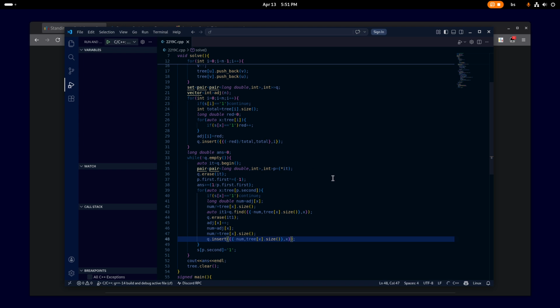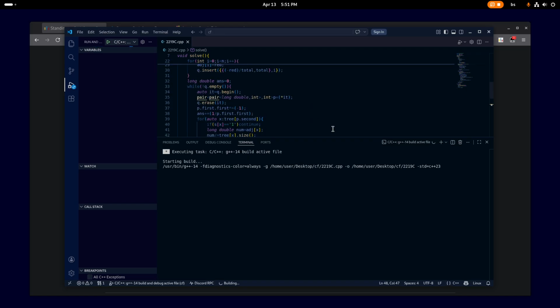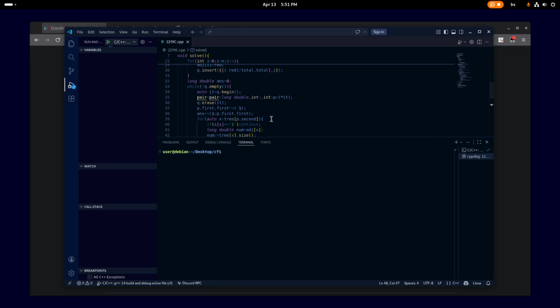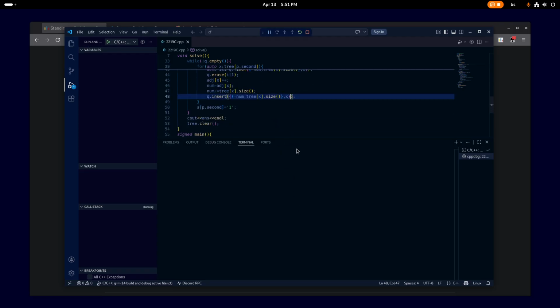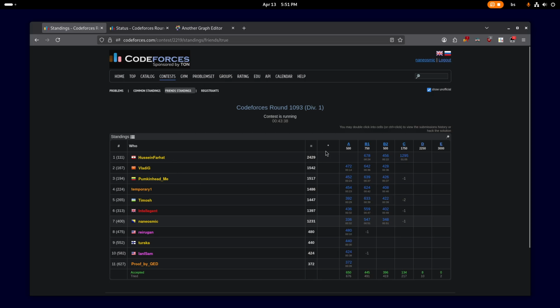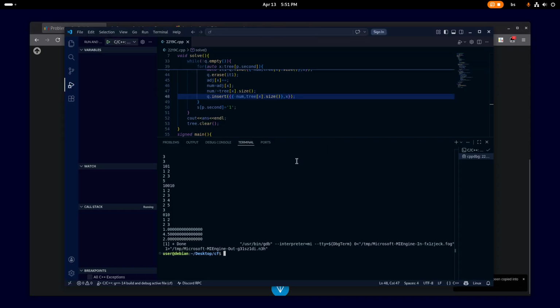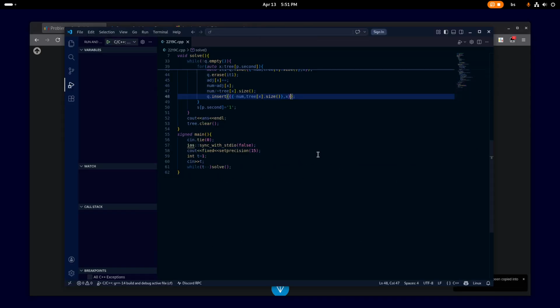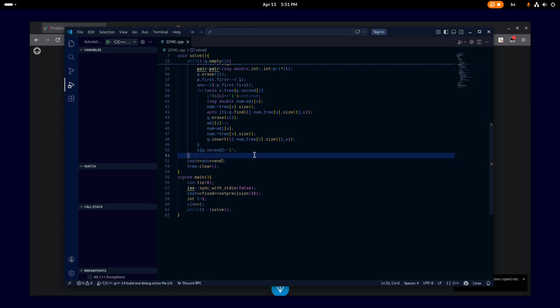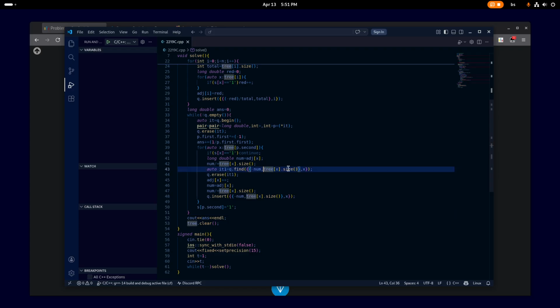Honestly, I would assume that you either prioritize nodes with more neighbors or nodes with fewer neighbors.